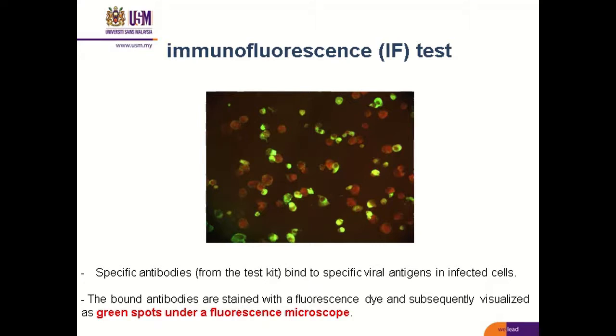Another method is the immunofluorescence test. For virology, we use specific antibodies from the test kit which bind to specific viral antigens in the infected cells. The bound antibodies are stained with fluorescence dye and subsequently visualized as green spots under a fluorescence microscope.